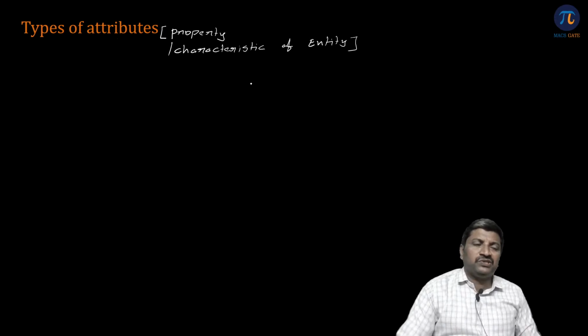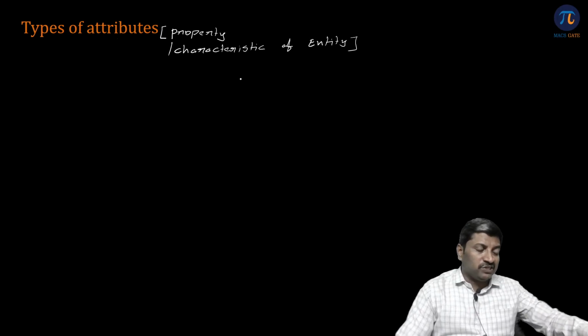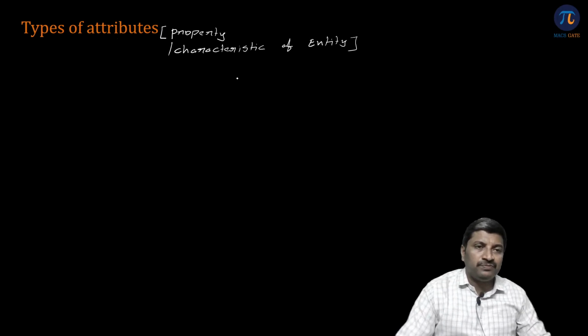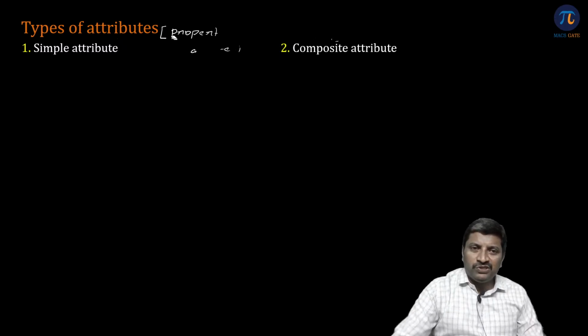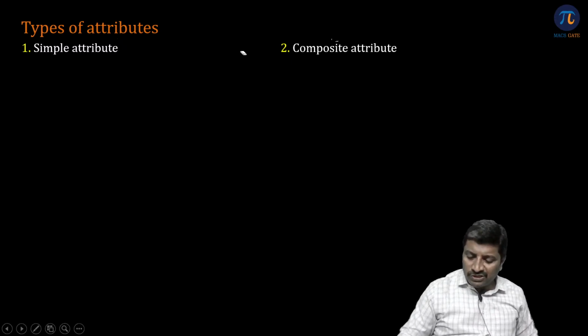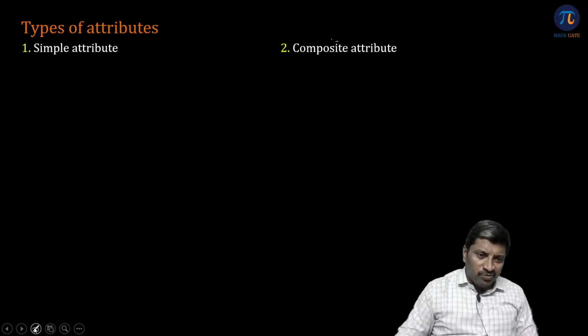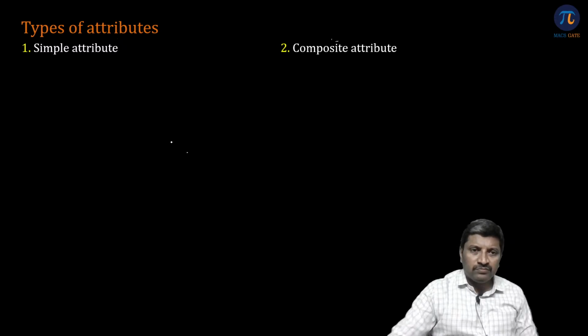Property or characteristic of entity. So let me discuss different types of attributes. The first one is simple attribute and composite attribute. Let me give a small example to explain these two, sir. Simple attribute, composite attribute. Suppose I consider the same example, student.